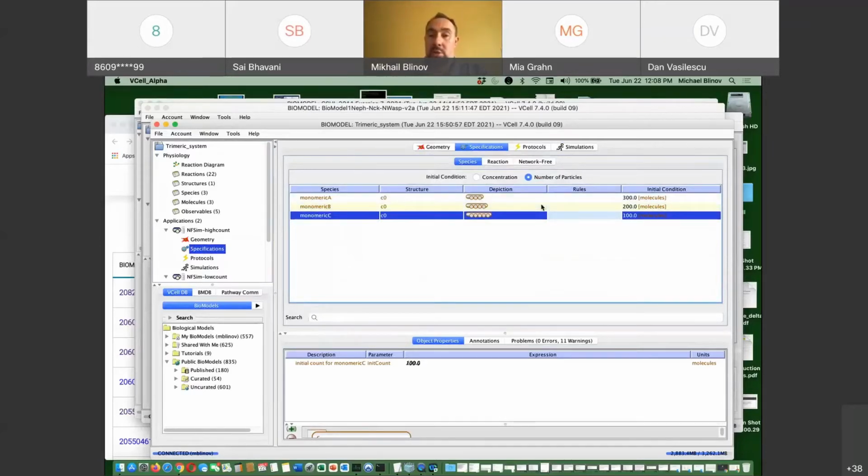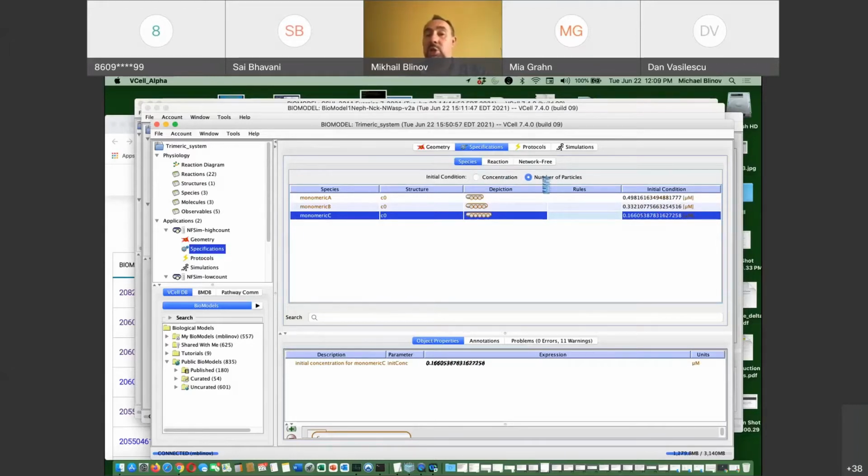I will repeat it later, but regular stochastic simulation deals with particles, while regular reaction kinetics deals with concentrations. And Virtual Cell has a way to convert on the fly between number of particles and concentrations, just by switching this button here.